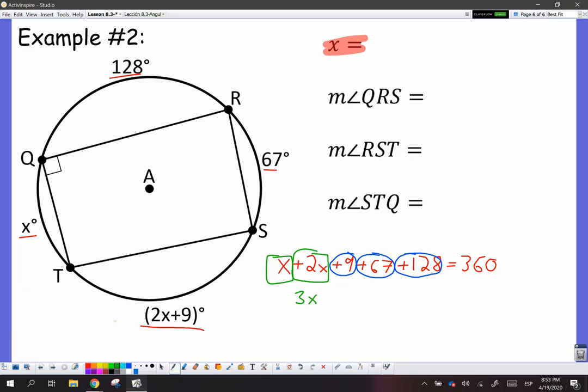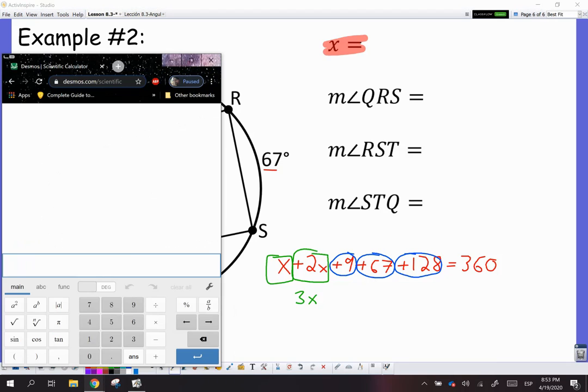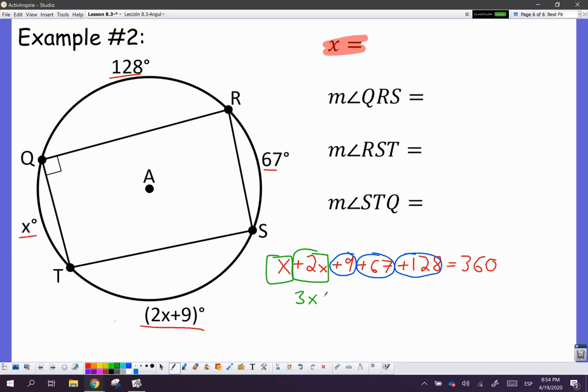Then 9 plus 67 plus 128. I can't do that in my head, so let's plug that in. You get 204, and then equals 360.